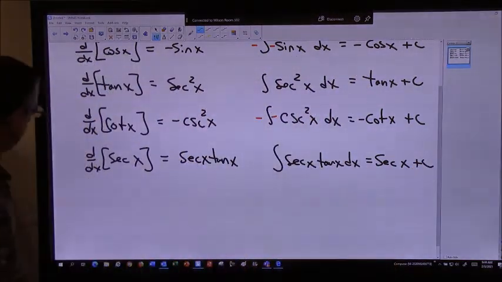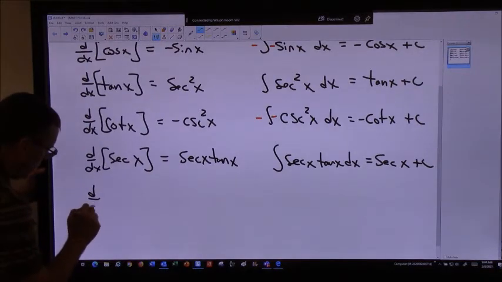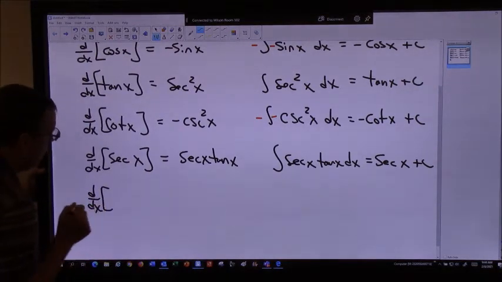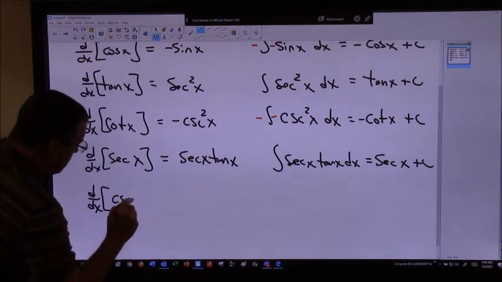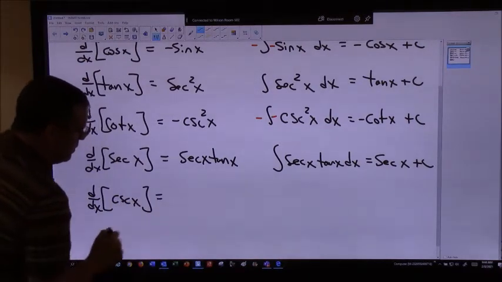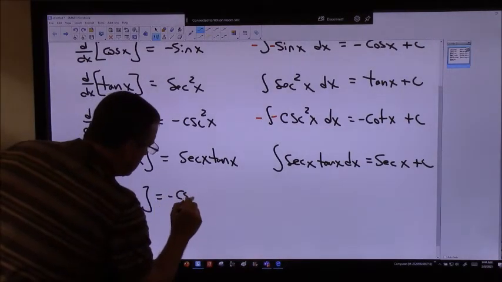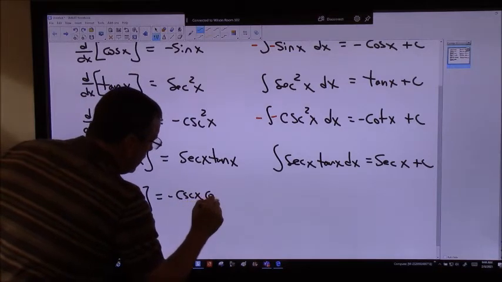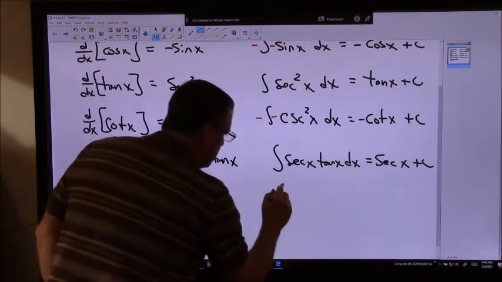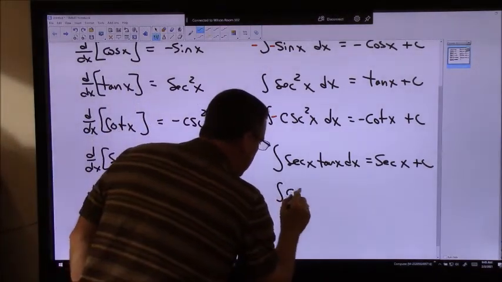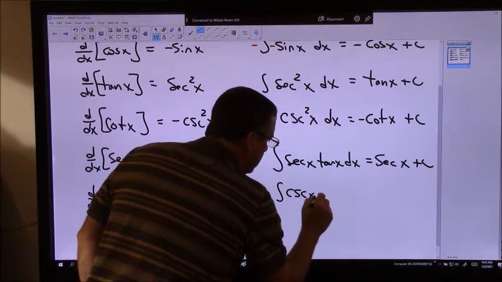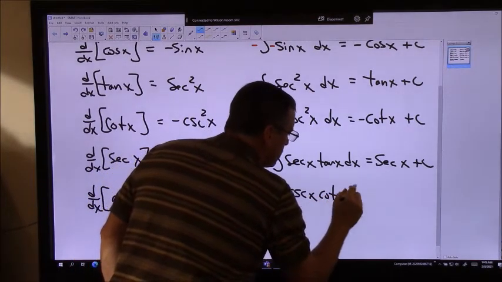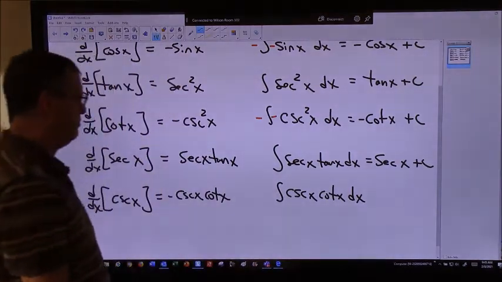And we've got one left. We know that the derivative of cosecant of x is equal to negative cosecant x cotangent x. So what's the integral of cosecant of x cotangent of x dx?